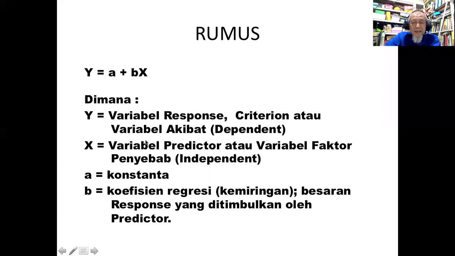X here is the independent variable, the predictor, and a is the constant, and b is the regression coefficient. These are the two that will be computed: how we find out the constant and how we find out the regression coefficient. They usually call it the slope, the regression coefficient.